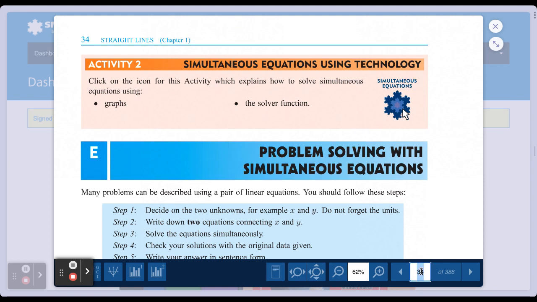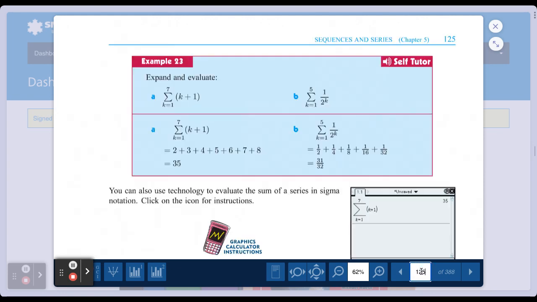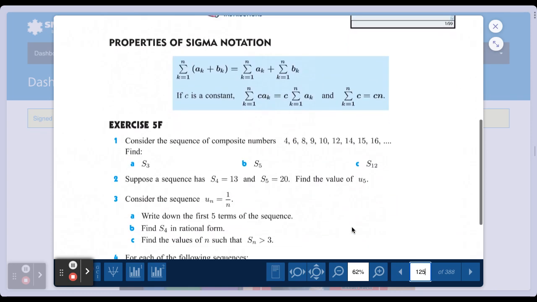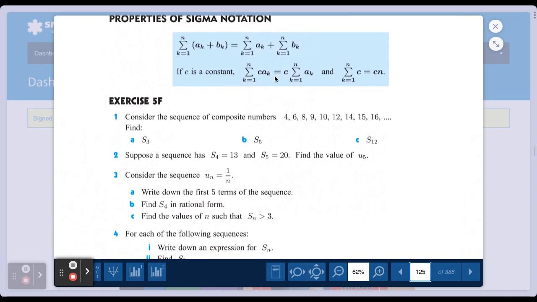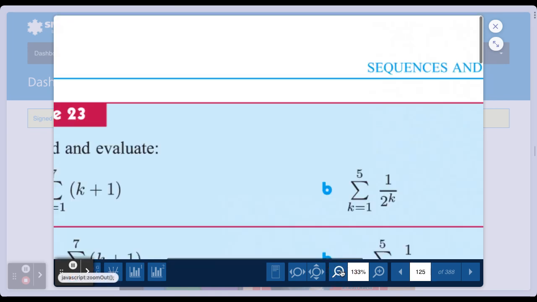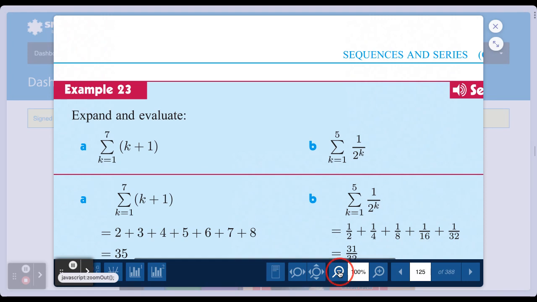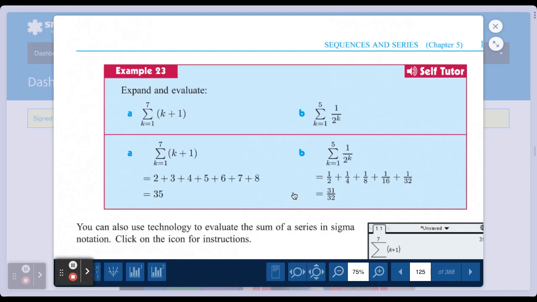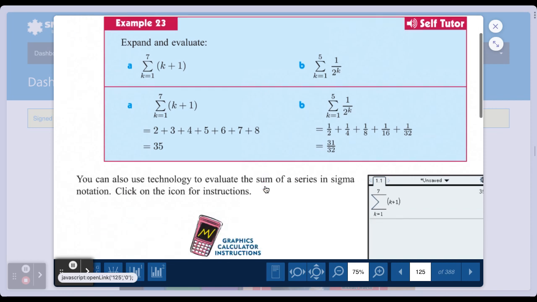So we'll go to page 125. They've used slightly different notation, I think, but it's the same deal, really.